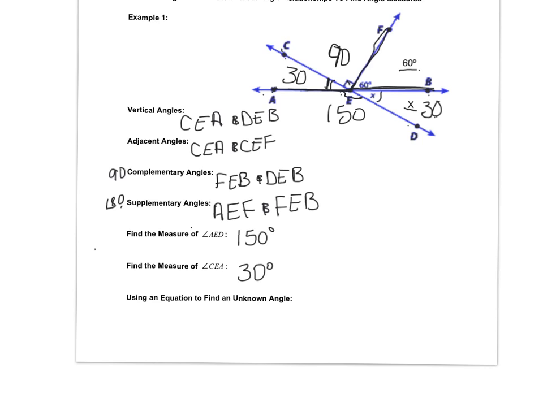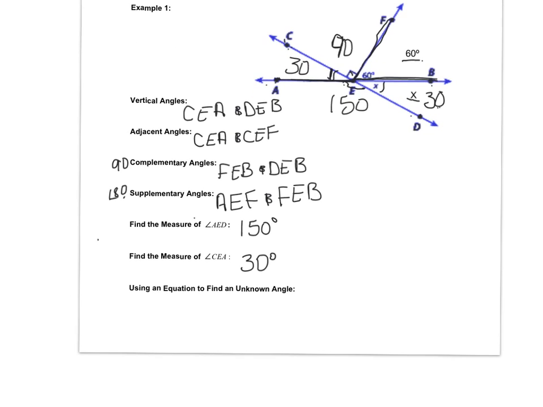We knew that complementary angles have a sum of 90 degrees, so if I use that information, I would say that my 60-degree angle plus my angle with a measure of x degrees is equal to 90 degrees. And how I'd solve for x, I need to subtract 60 from both sides. Therefore, x is equal to 30.